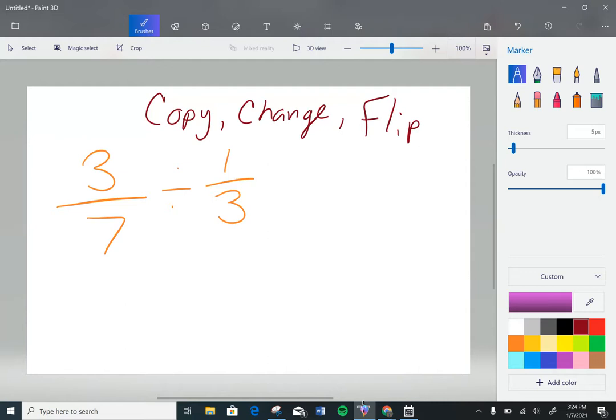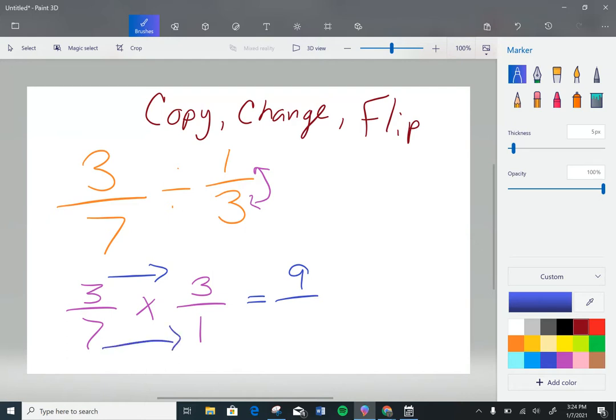So I copy, change my sign, and flip my fraction. I now multiply straight across, and 3 times 3 gives me 9. I multiply straight across on the bottom, and 7 times 1 gives me 7. And now I have to change this into a mixed number.